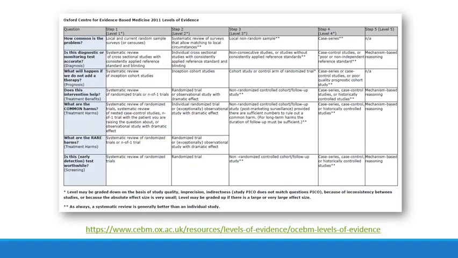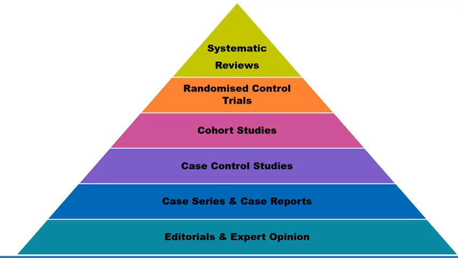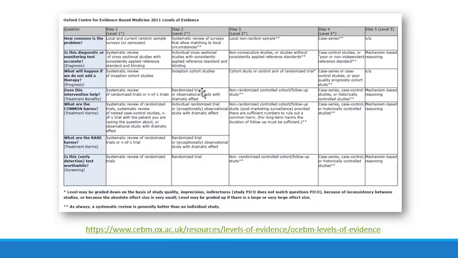Now, the Centre for Evidence-Based Medicine has created a table quantifying the level or the hierarchy numerically compared to this pyramid. So, for example, something in the therapy realm, treatment benefits here. The top is systematic reviews.